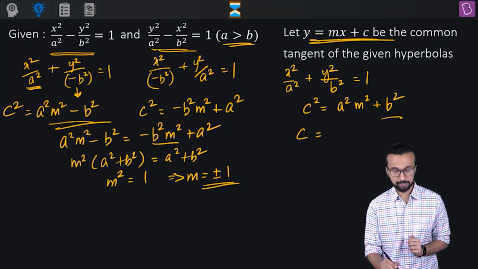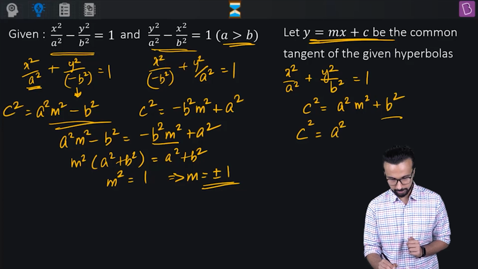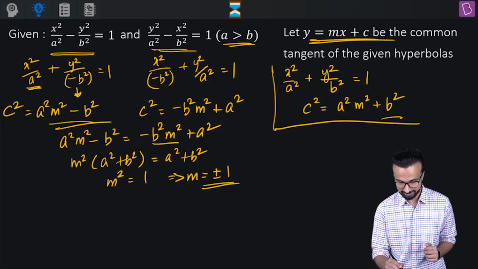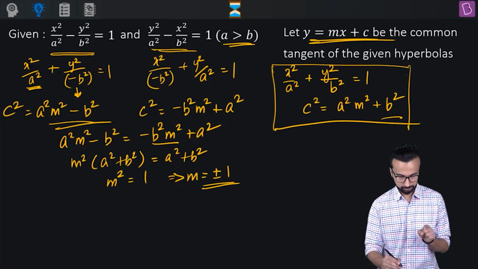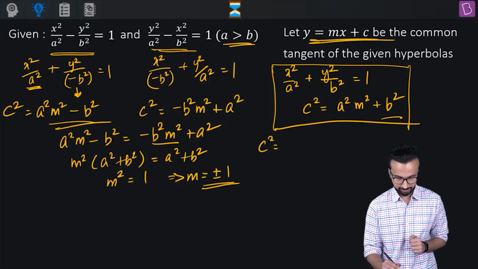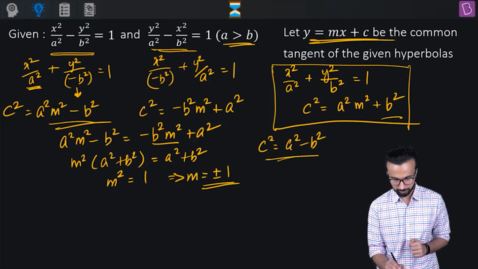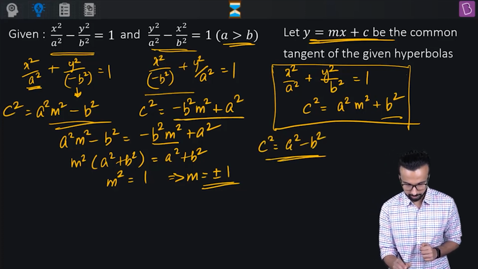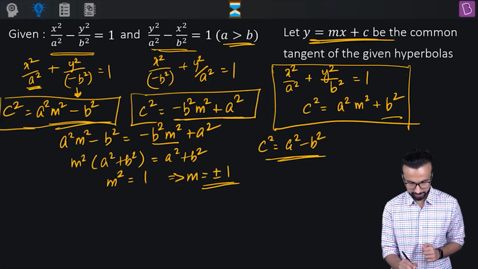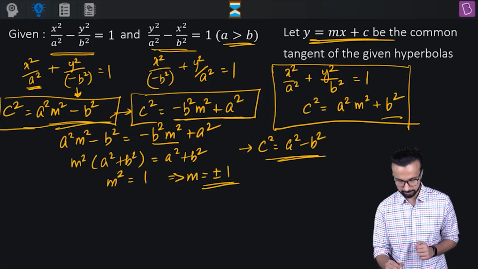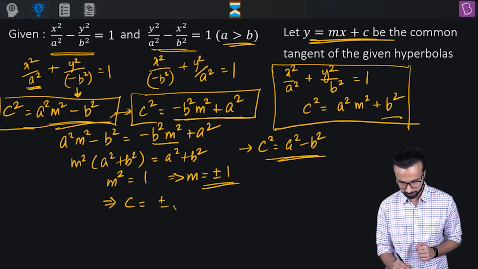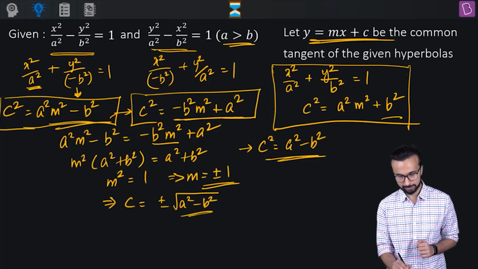So what does that make c square? C square becomes a square. This is for the ellipse, so I'll keep that aside. Now let's look at the hyperbola. Here we are looking for c square. For either of these cases, I get c square equal to a square minus b square, which means that c is equal to plus or minus root of a square minus b square.